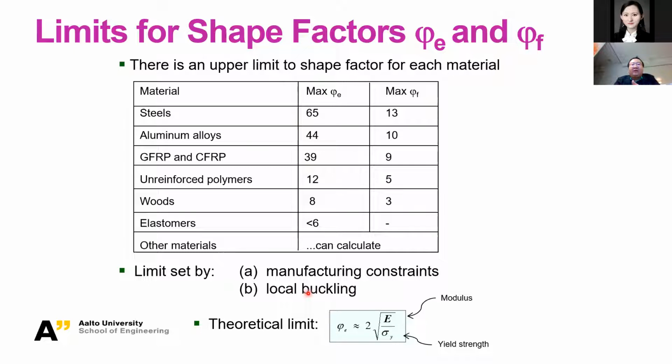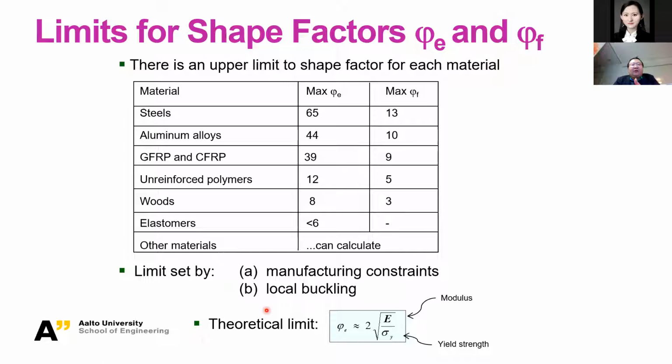We have also the second limit, which is related to the local buckling, especially when the structure is long, like a slender. Of course, if it's short, this value will not be that important anymore. But when we're talking about a long structure, we have to be aware that there might be the risk of local buckling. It is something you cannot really predict, because it's related to the geometrical defects on your surface.